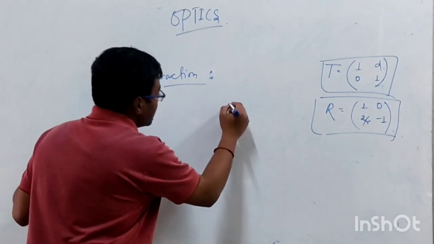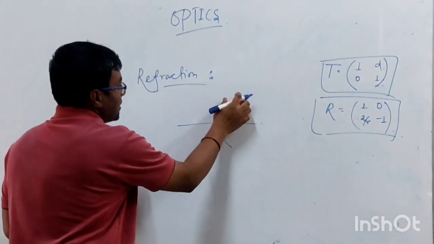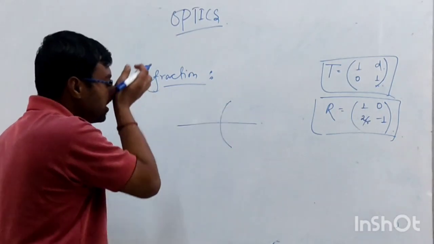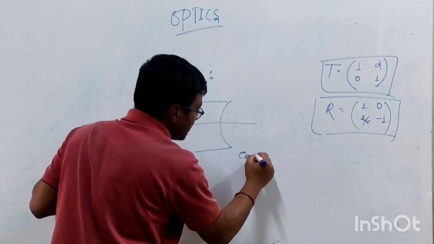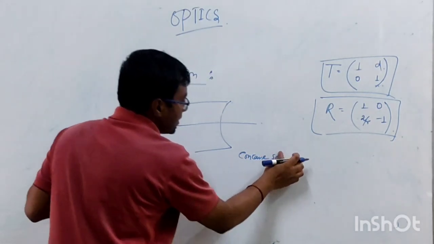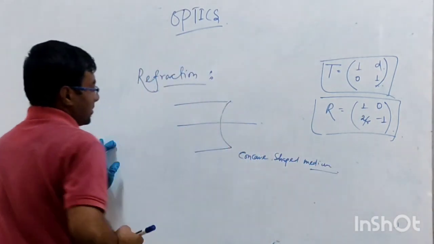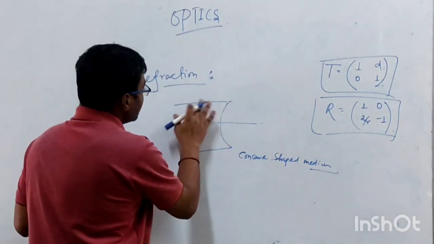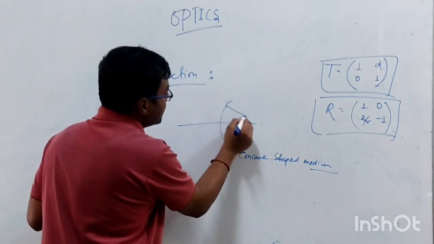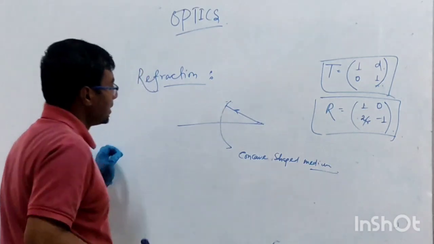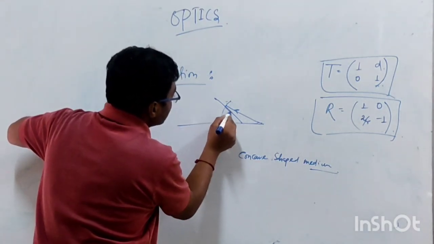For refraction, here also we consider one curved surface medium. Basically, it is a concave shaped medium. If we consider that light is going from that direction, and this is the radius of curvature.